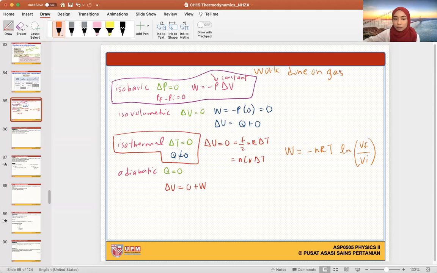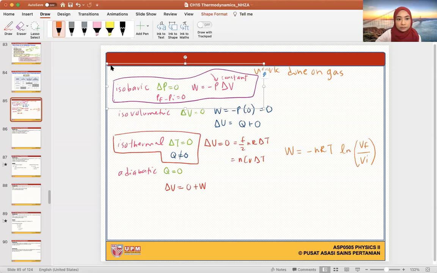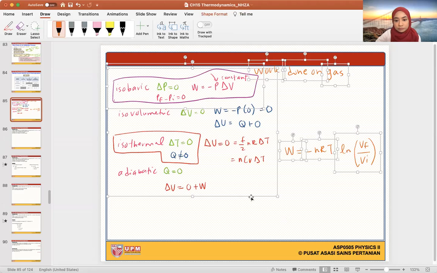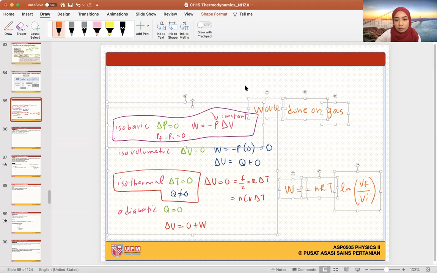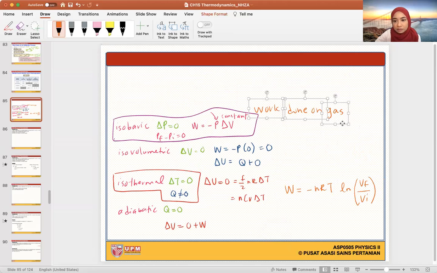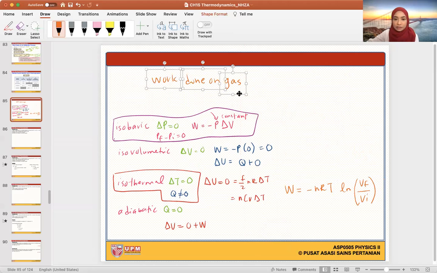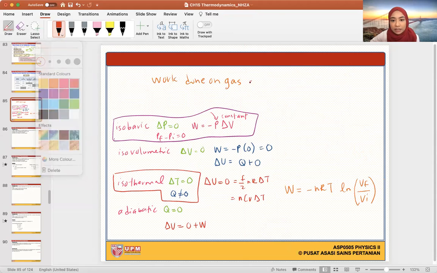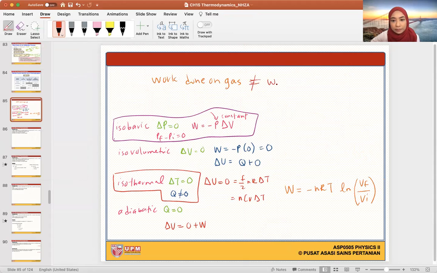So all of these equations are work done on gas. So if I wanted to find out the work done by the gas, let's write in another color. Work done on the gas is not equal to work done by the gas, but it is equal to work done on the environment.